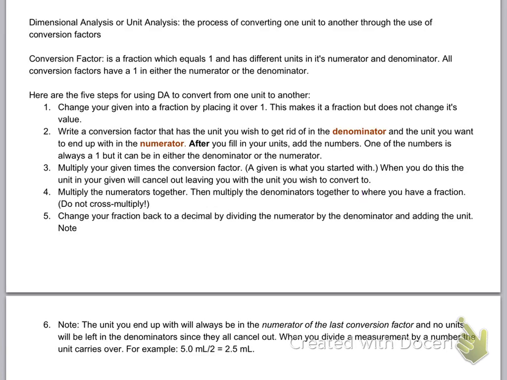And the biggest thing is that it equals 1. They're different units, in the numerator or denominator, and this is not all the time, but 99% of the time, you will have a 1 as one of the options.